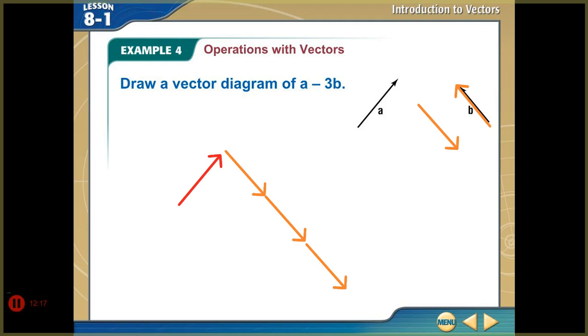There we go. And then my resultant vector, the thing that's my end result, is again going to be from my start to my end, and that is going to be A minus 3B. And that's it. So again, you can use these geometrically. Your sketches just need to be in the right ballpark as you're going forward.